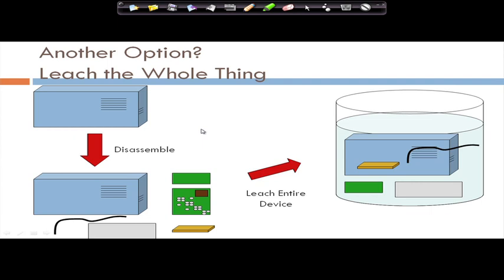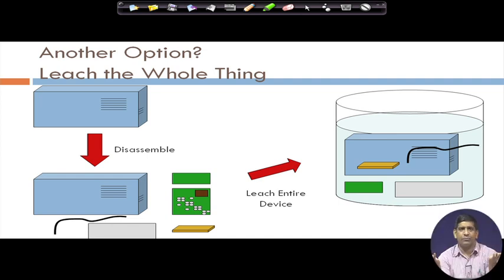Another option, which is actually what many times, if you go and give a talk like this, where you have a lot of electronics producers and also e-waste handlers present, they will say, why are you even size reducing it? Because when you are size reducing it, that's not realistic.